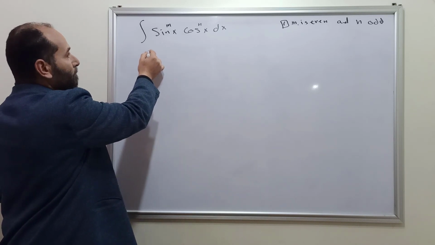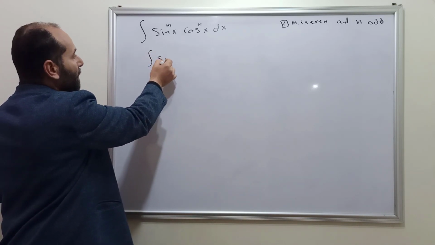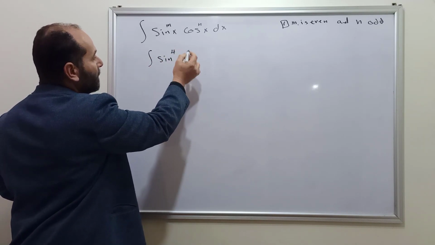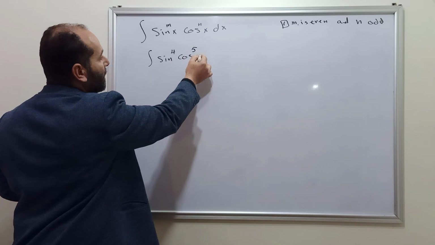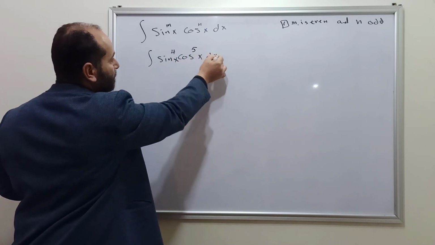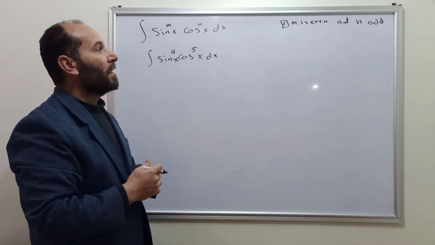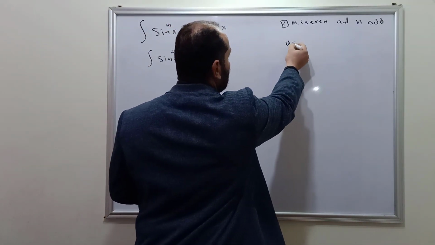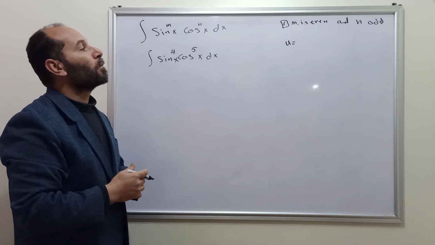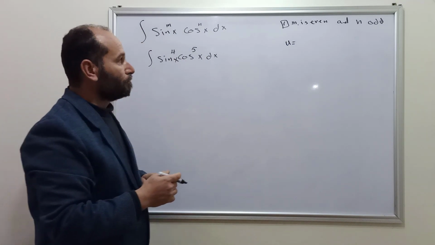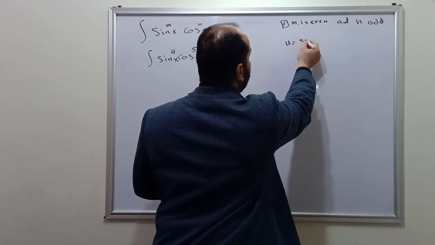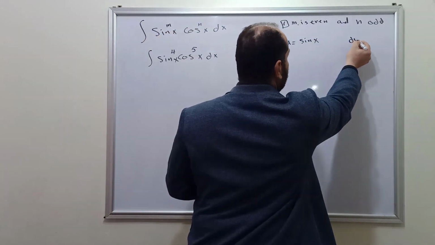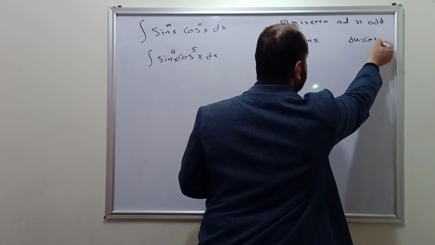For example, the integration of sine power 4 x cosine power 5 x dx. In this case, we substitute u equals sine x, so du equals cosine x dx.